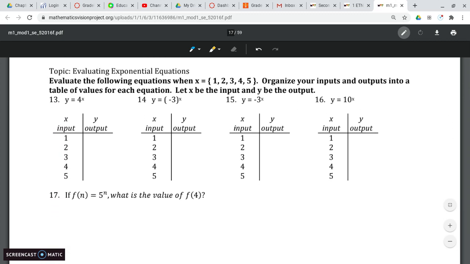All right, the last part of this is looking at evaluating exponential equations. So what we're looking at here is the exponential. So exponential is when, if we have sequences, it'd be when we're multiplying, whereas if we're adding or subtracting, those are arithmetic sequences.